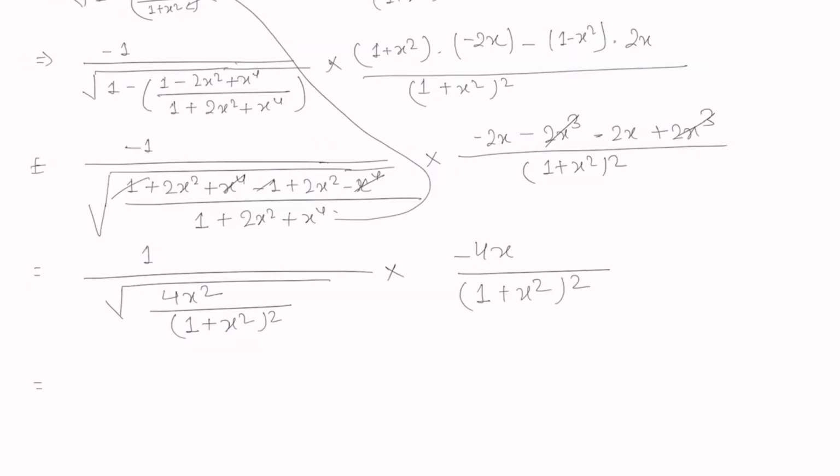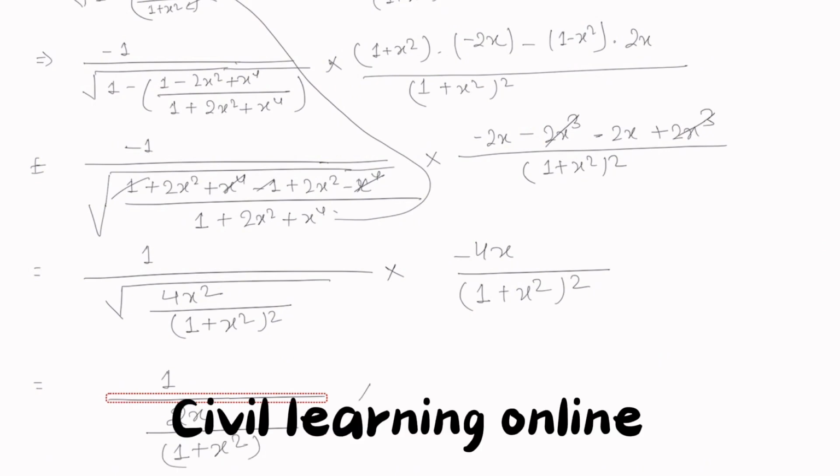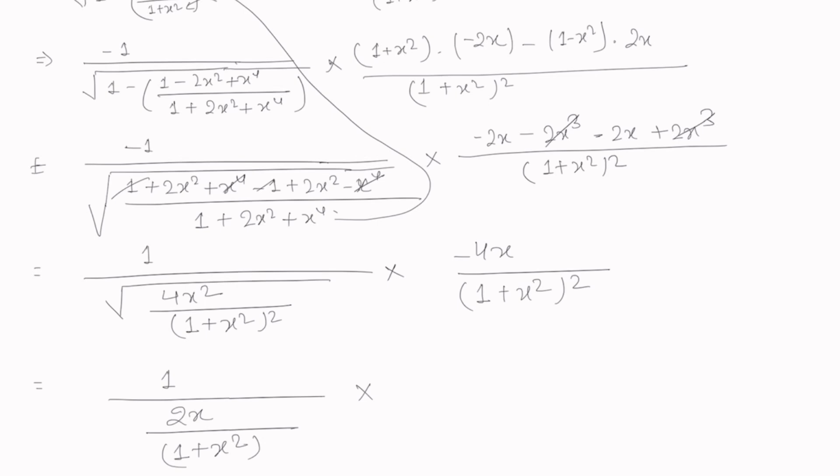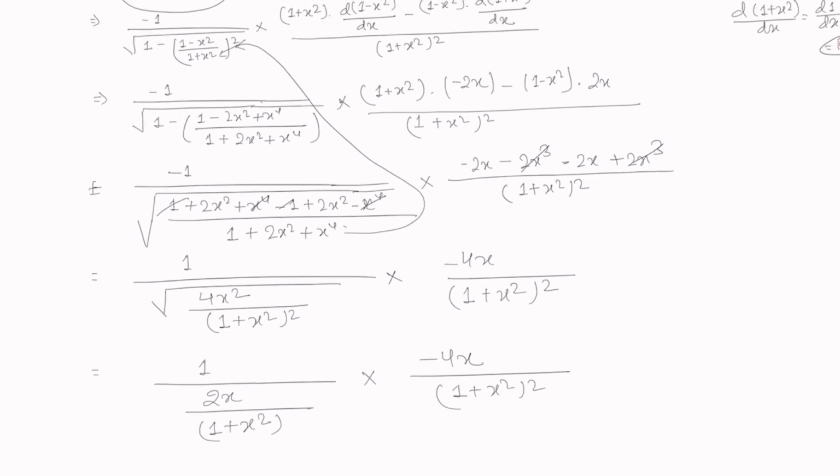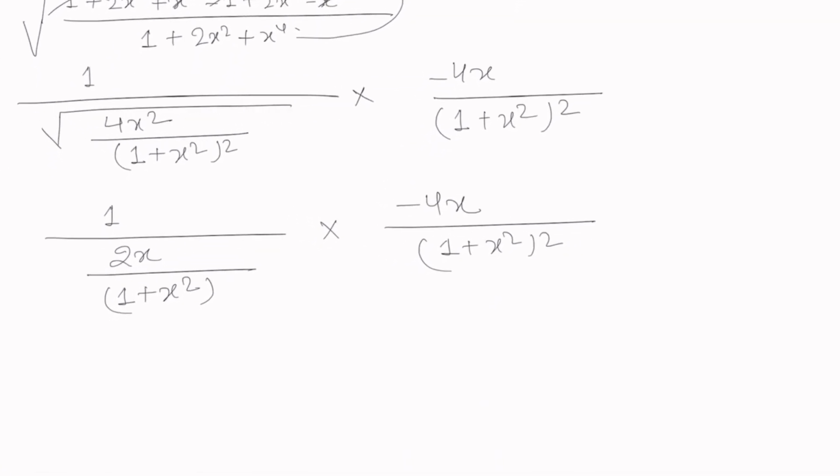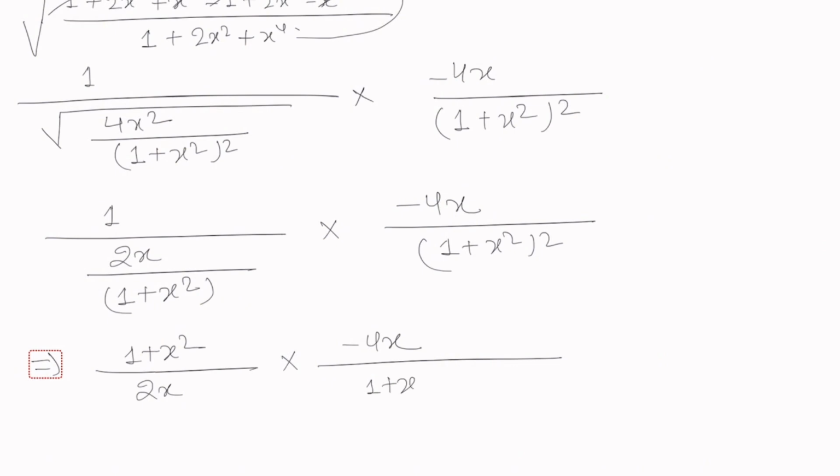So from here we will get 1 upon 2x upon (1 plus x square), times minus 4x upon (1 plus x square) whole square. So from here we will have (1 plus x square) upon 2x times minus 4x upon (1 plus x square) whole square.